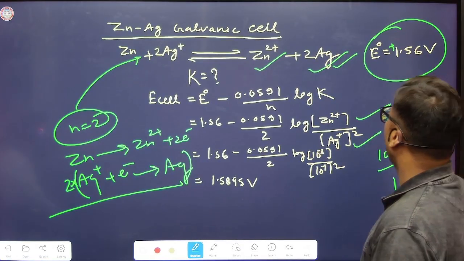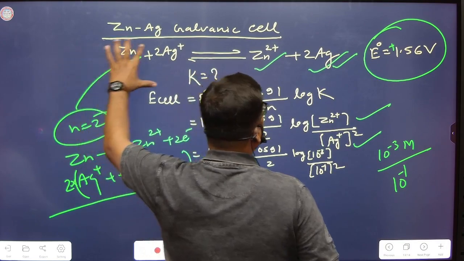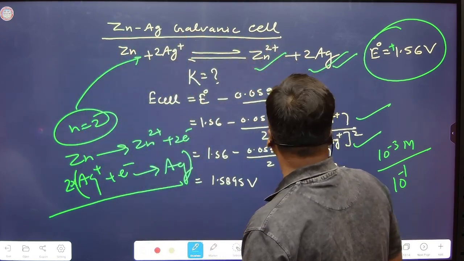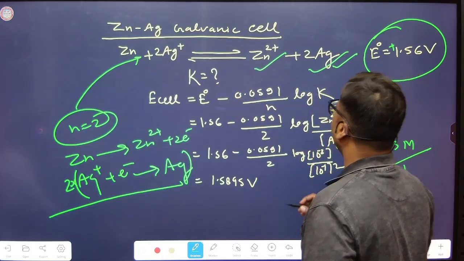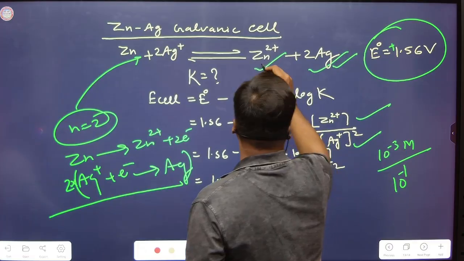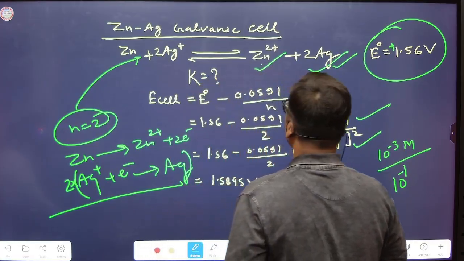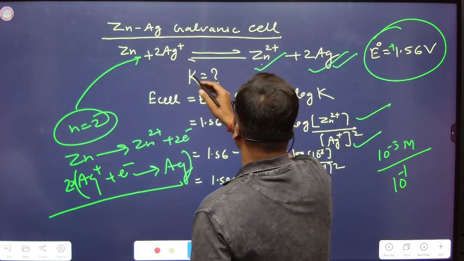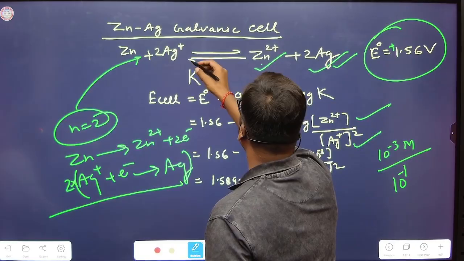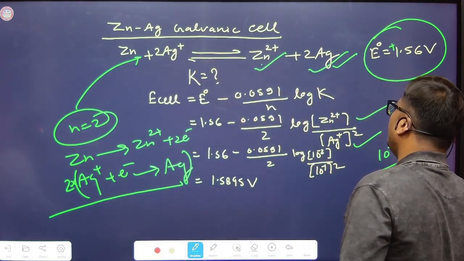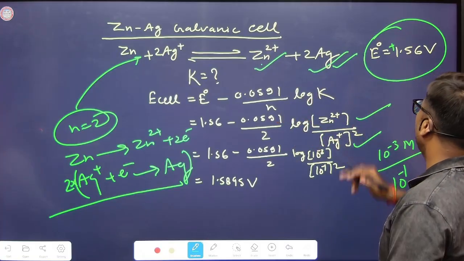It means these reactions are proceeding spontaneously; after passage of time, the formation of zinc 2 plus increases and the concentration of Ag plus decreases. So it is converted back to Ag.